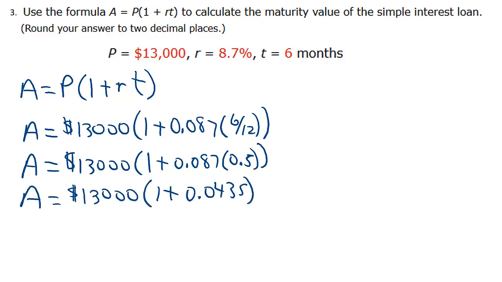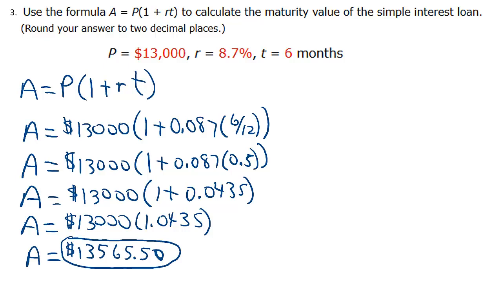If you multiply 0.5 times 0.087, you get 0.0435. If you add 1 to that, you get 1.0435. If you multiply that by 13,000, you get $13,565.50. And capital A is the amount in the account.